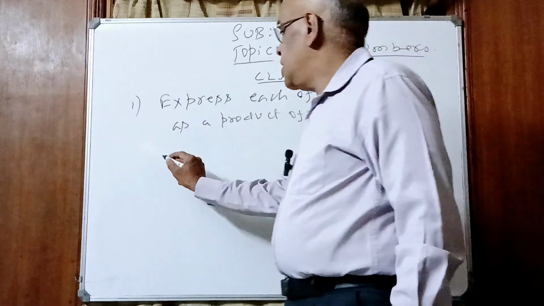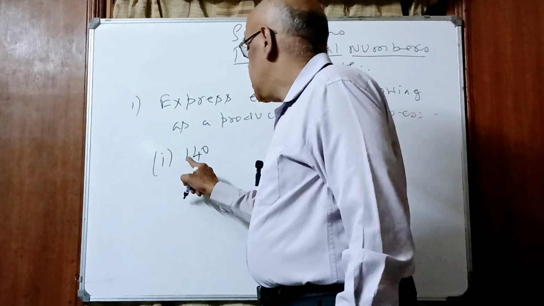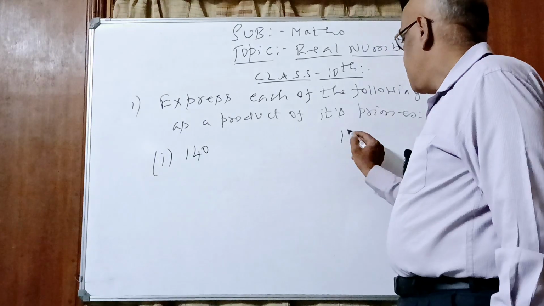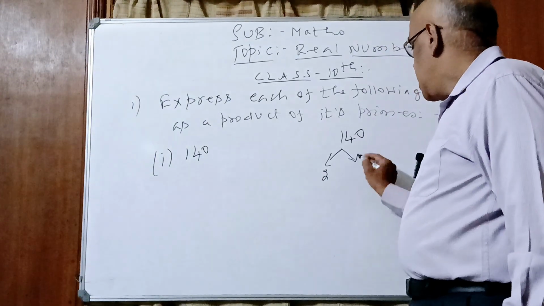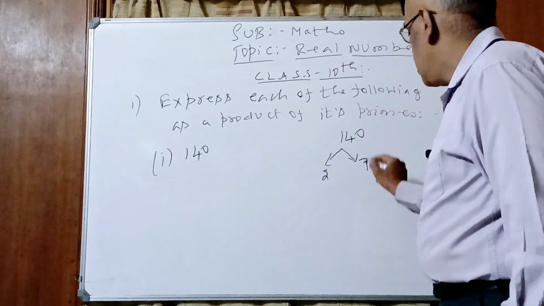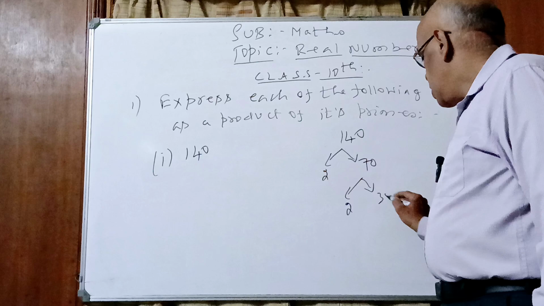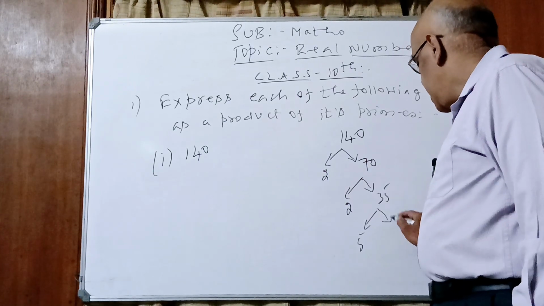One more question, children. What is the first question? 140. Express 140 as a product of its prime numbers. What are the factors of 140? 2 sevens are 14, yes or no? Then again factorize 70. 2 35s are 70. Again 5 7s are 35.